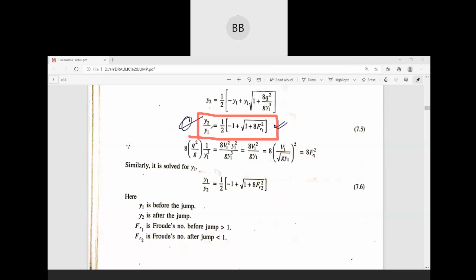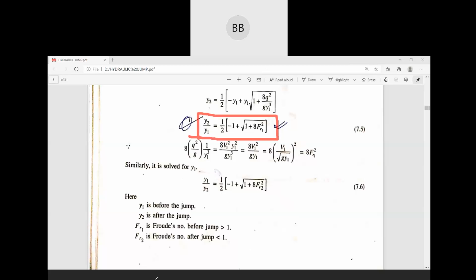So here, if your y1 is in the denominator, then here it will be Fr1. If y2 is the denominator, then it will be Fr2. Always remember the other things are the same.